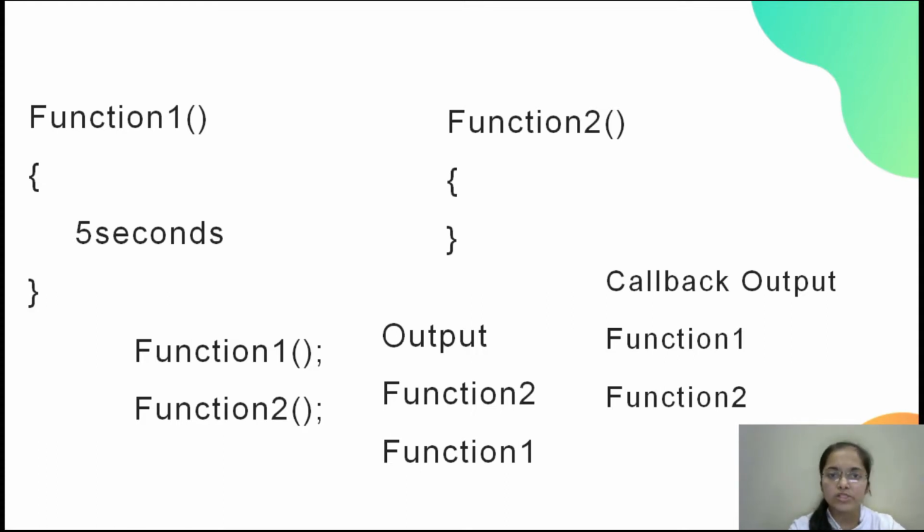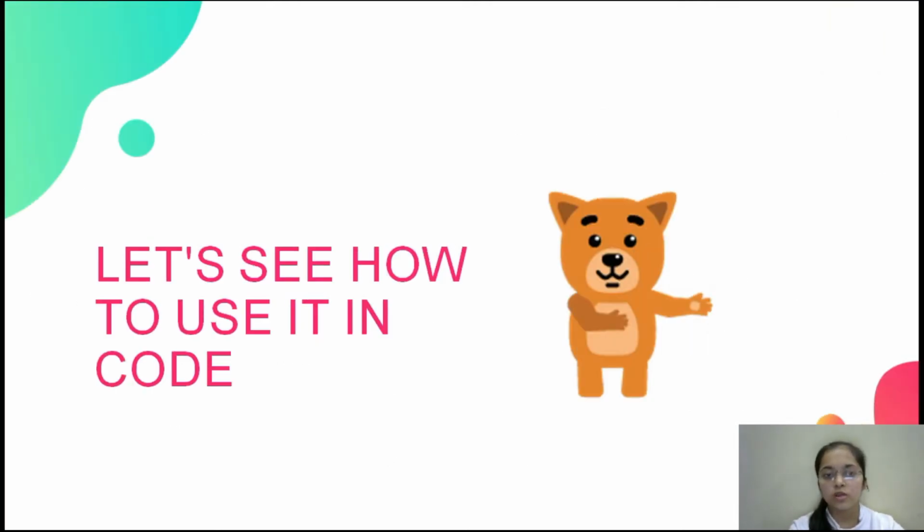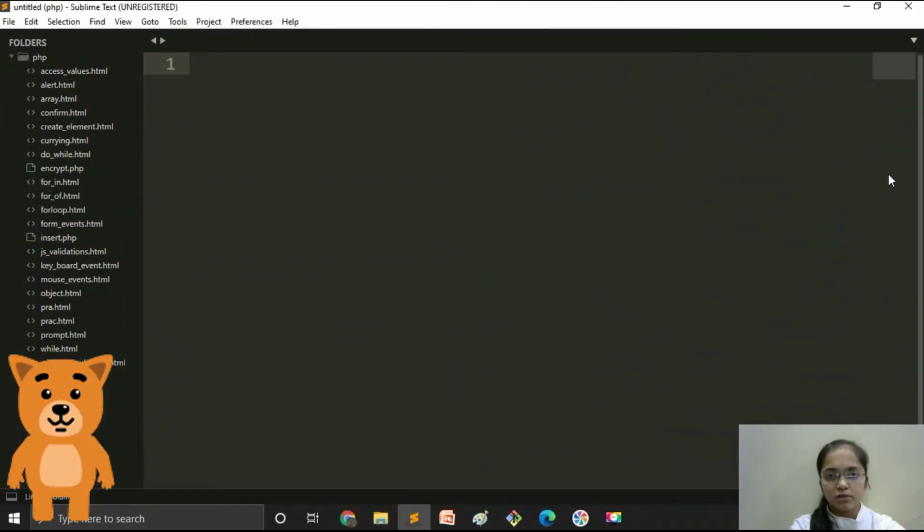So how much time the first function takes doesn't matter. First it will execute, and only then will the second function be executed. So now let's see how to do this in our code. Okay, so now let's start our code. In our code we will create two functions, and the first function will be executed after 2 or 3 seconds and then the second function will be executed.